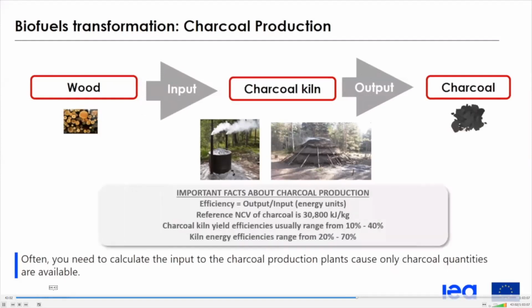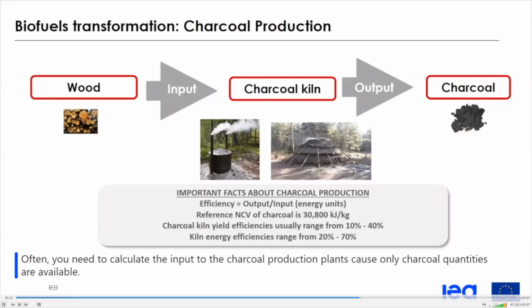The efficiency, of course, is the output divided by the input, in energy units, so we focus here on the energy content. The reference NCV of charcoal that we use in our statistics is 30,800 kilojoules per kilogram. And the charcoal kiln efficiency that we usually expect is between 10 to 40%.